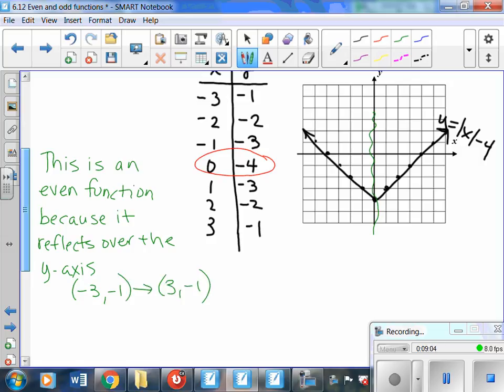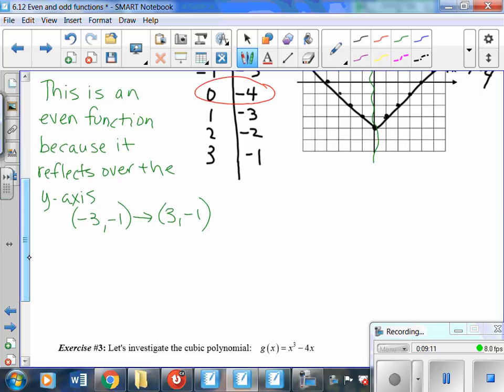So for opposite input, we have the same output. All right, I write that down every single time, and it might help you to write that. So opposite inputs yield the same output. That's an even function.